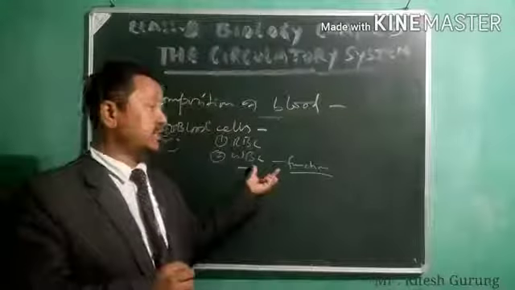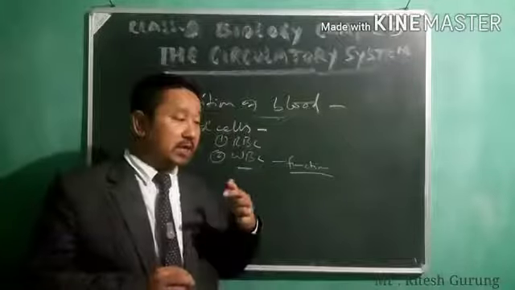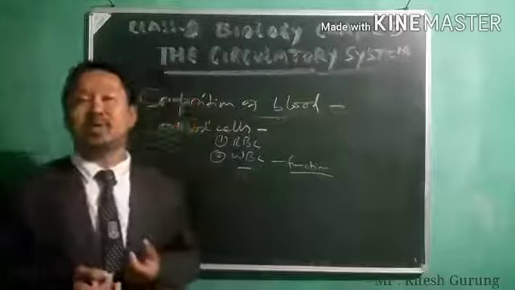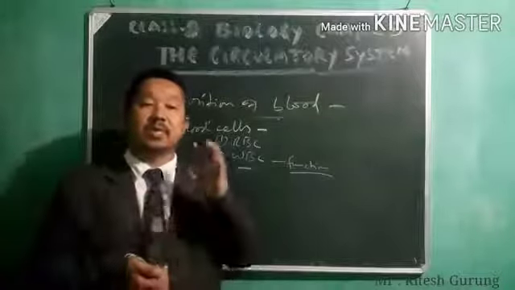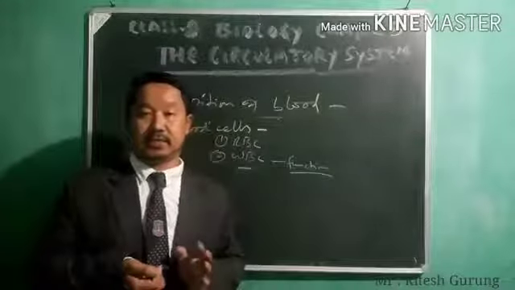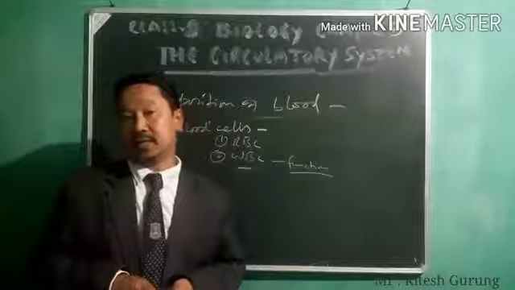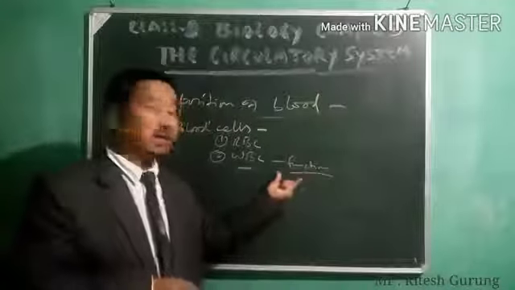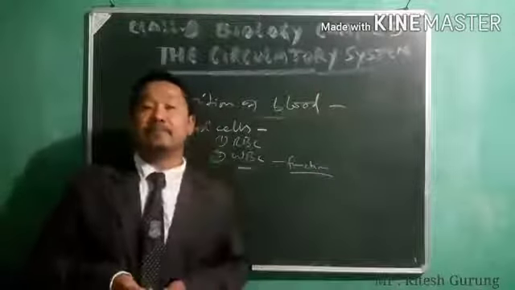That means this is directly related with your immunity. It just strengthens your immunity. Immunity means capacity of the body to fight against diseases. So your WBC is the one which fights against the diseases.